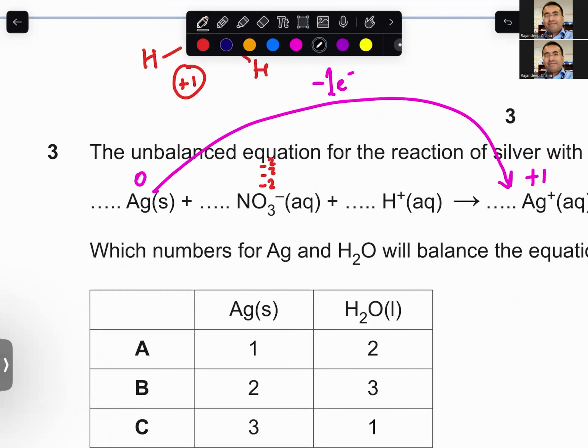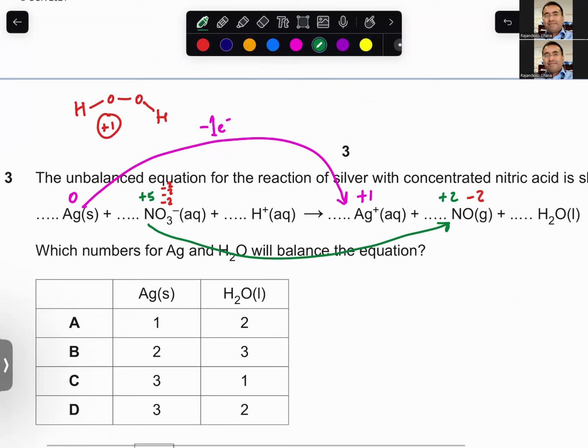Nitrogen must be +5 for overall charge to be -1. It goes from +5 to, let's see what it is here, oxygen is -2, nitrogen must be +2. So can you see that nitrogen here goes from +5 to +2, it is gaining 3 electrons.